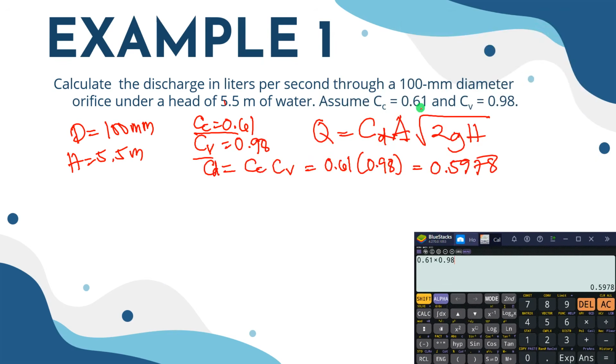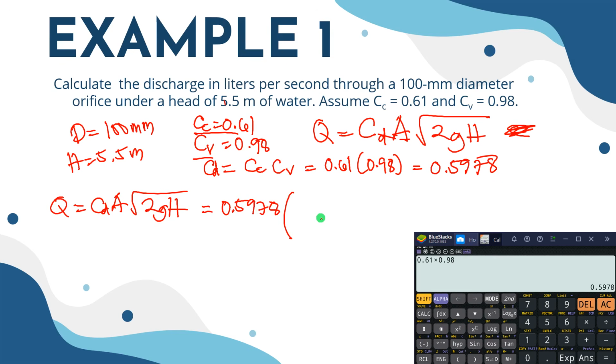Or we can directly use this formula: Q equals CD A times the square root of 2gh. So CD is 0.5978. The area, we have the diameter, so pi d squared over 4.